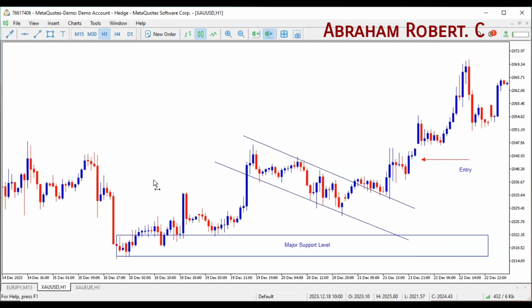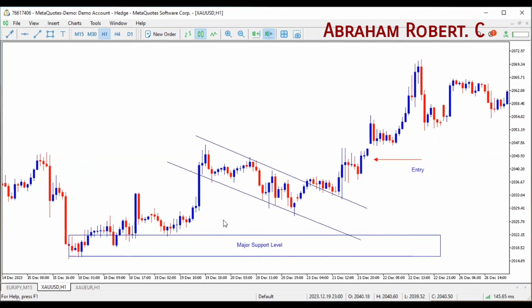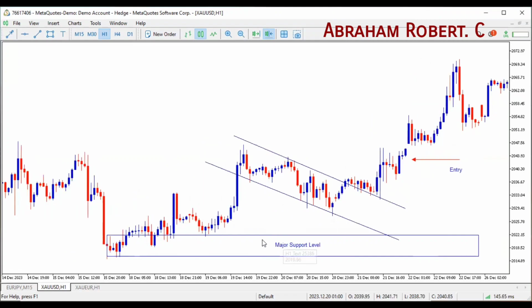Okay? Now, if you look at your chart carefully, you see that this is an uptrend. It's a bullish market. Now, this is a major support level, as labeled on the chart.